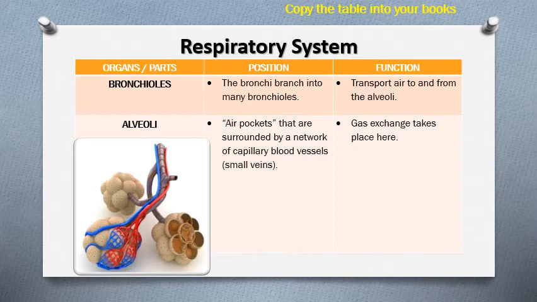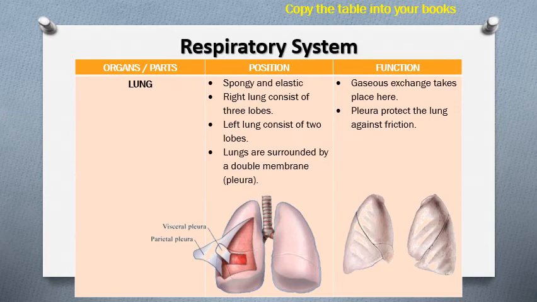So we've got our bronchioles branching off from the bronchi. So we've got trachea, bronchi, bronchioles, and at the end of your bronchioles, we have the alveoli, and the alveoli are lined with a network of blood capillaries, and gaseous exchange takes place here. Okay, and the alveoli make up the actual lung tissue.